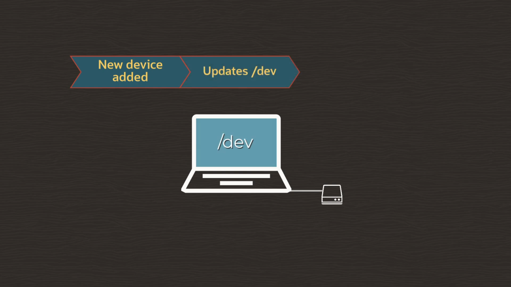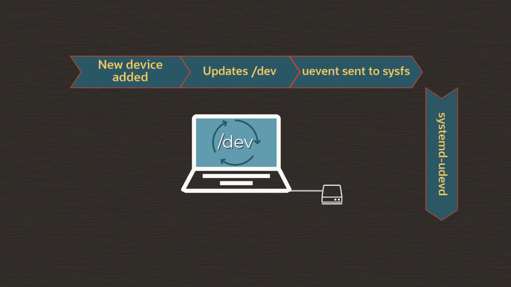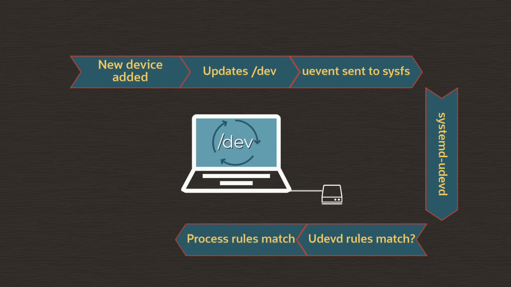The kernel now sends a uevent via sysfs. The udev service, systemd-udevd, responds to this uevent. Udevd looks for a match against the uevent among the udev rules files. If a match is located, Udev processes the uevent. Udev configures the device based on the Udev rules file.